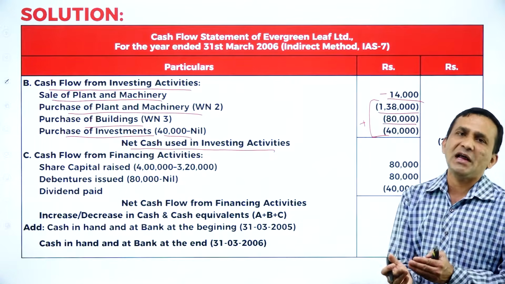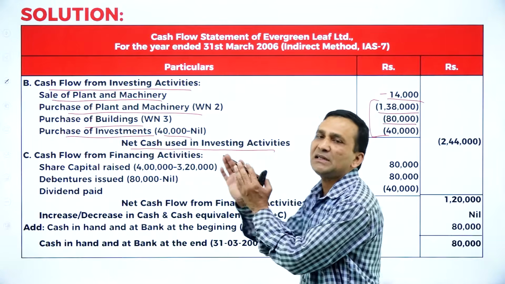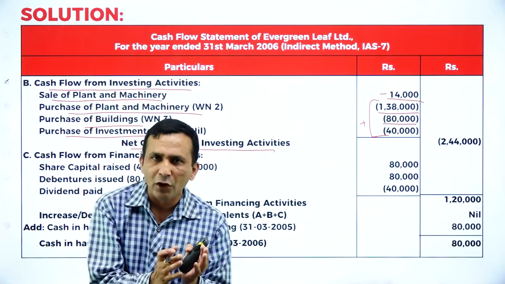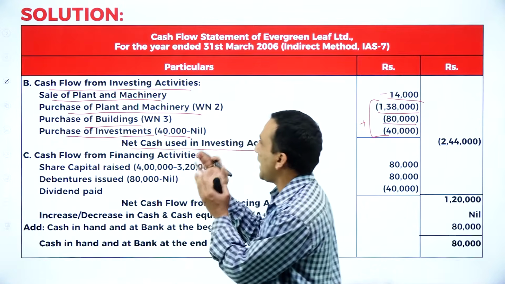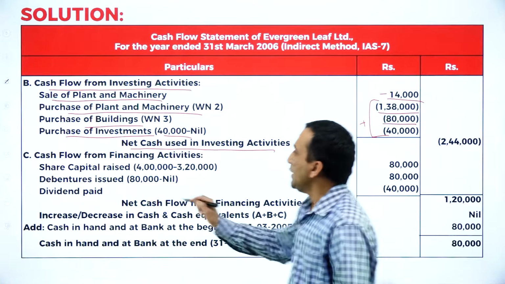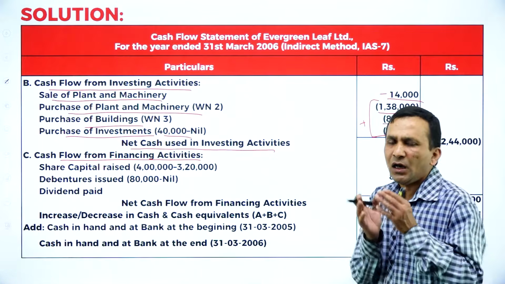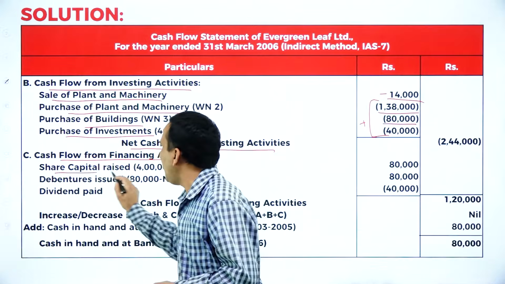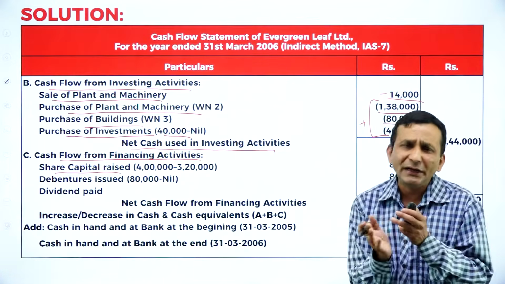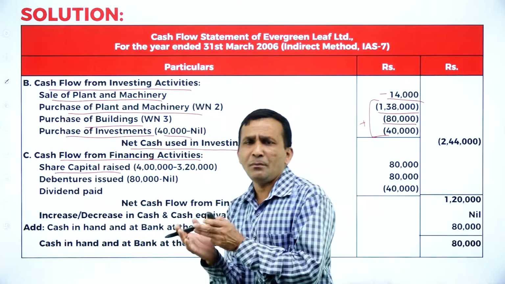Now moving to the financial activity, the same format under the direct method, whatever we are following, the same items are coming here. Okay, so cash flow from the financial activity. Okay, so on the liability side, share capital is given. Now we need to check the opening date, more or less.